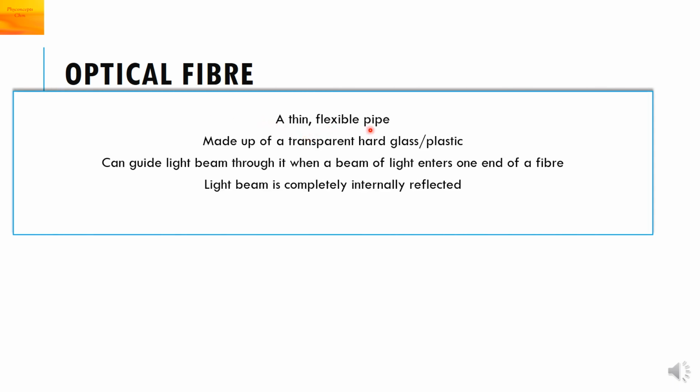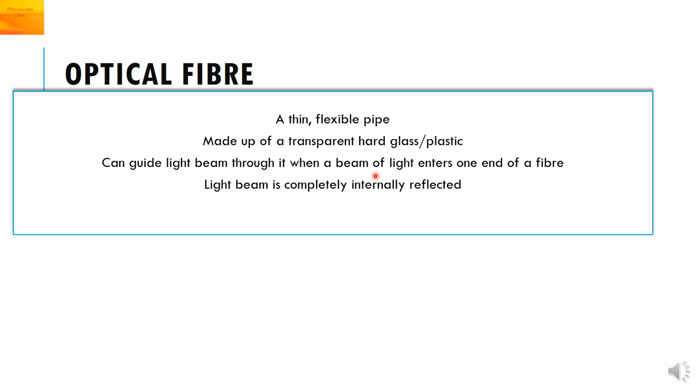It is a thin flexible pipe made up of transparent hard glass or plastic. It can guide the light beam through it. That is, when a light beam enters into the optical fiber, it will pass through the optical fiber and it will come at the other end.